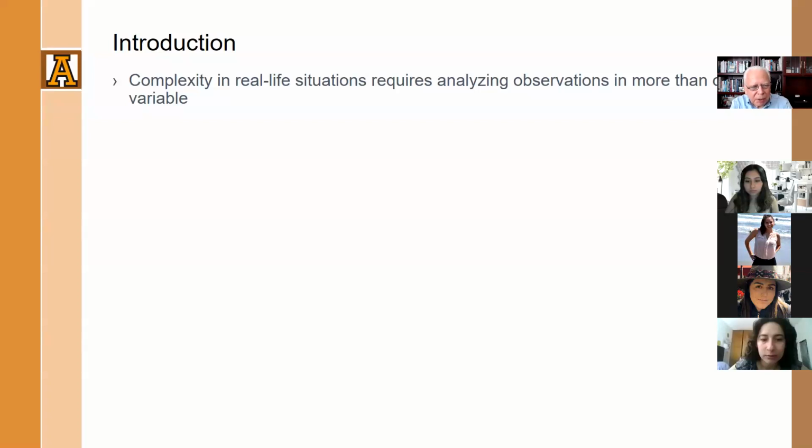In fact, in most cases, we have to deal with many variables. So we have n observations, and for each of these n observations, we have to analyze more than one variable. Think, for example, of a customer of a bank.